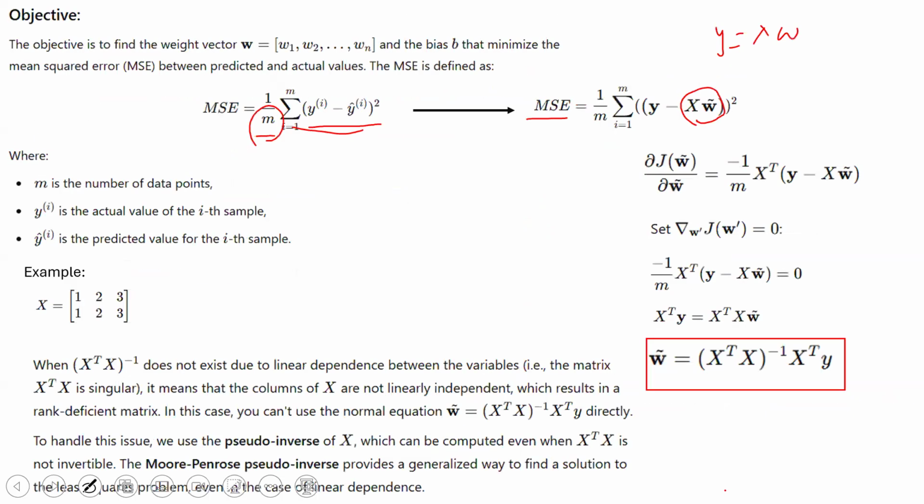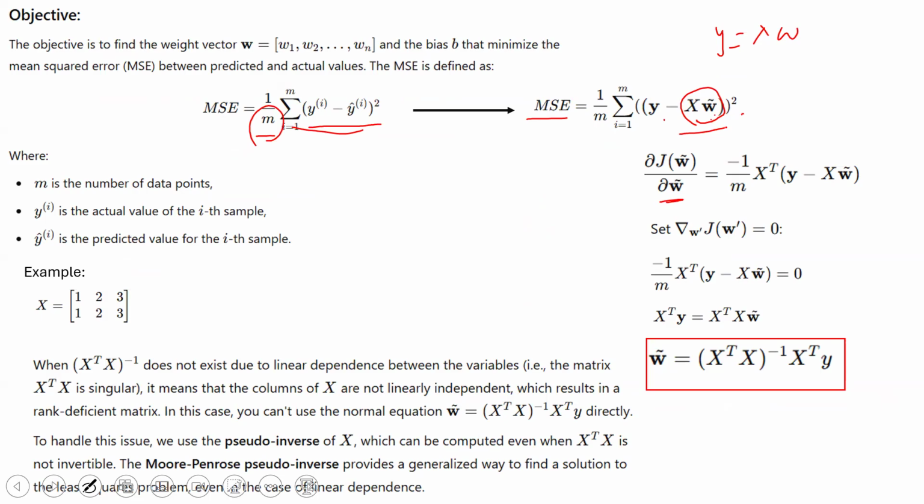This is the predicted value and y is the actual value. You take the derivative of this objective function with respect to w, because you want to find the w at which the sum of squared errors is minimum.